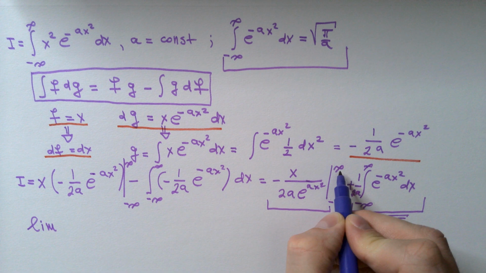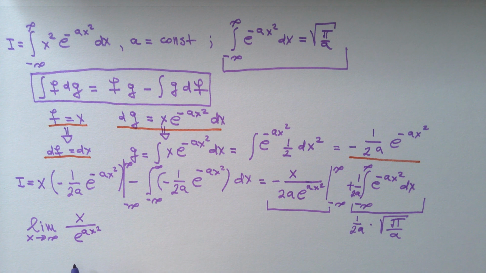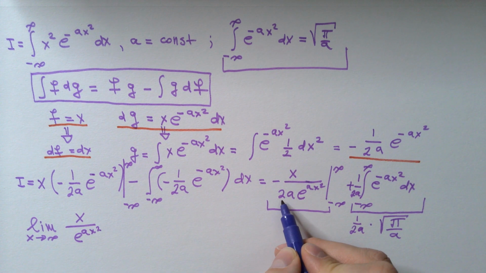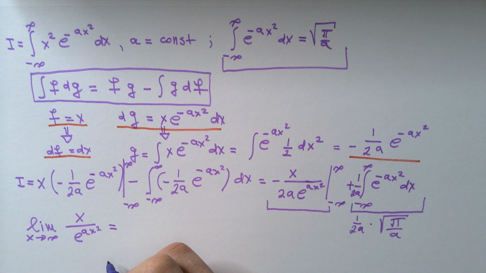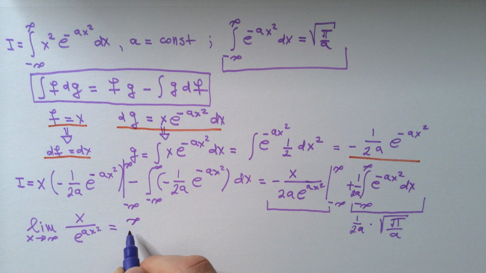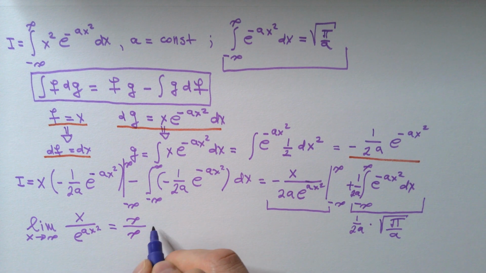So if we have limit, let's first evaluate limit when x goes to positive infinity, upper limit, of x divided by e to ax squared. Of course, I don't care about these constants, 2a, negative, who cares? This is equal, when x tends to infinity, numerator is infinity, and e to infinity is also infinity.